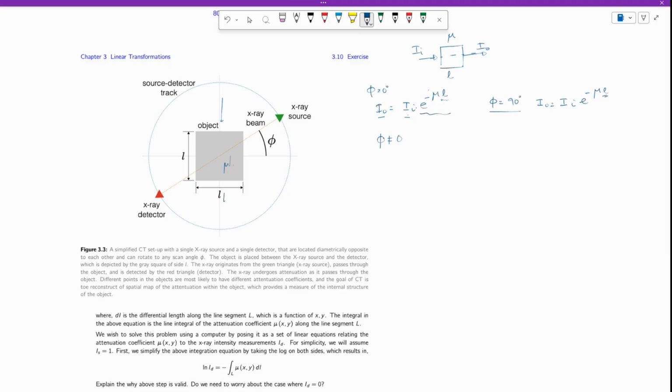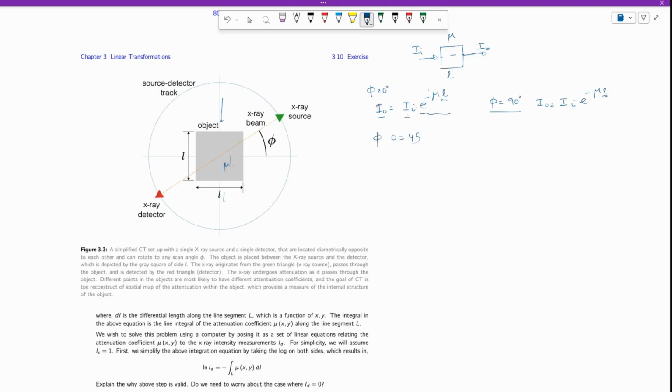Okay. What if phi was not 0? It was some non-zero value. It is not equal to plus or minus 90 or plus or minus 180. What if it's 45?